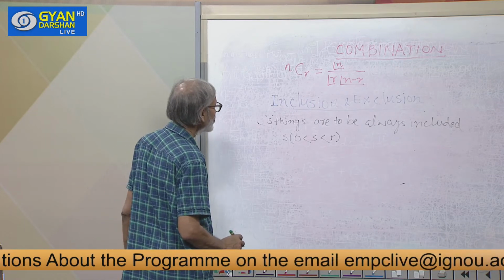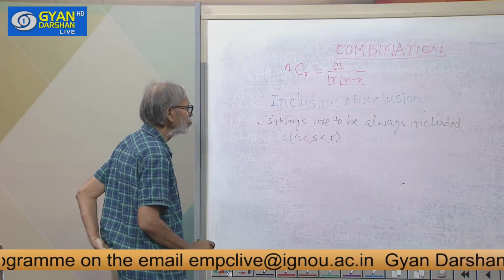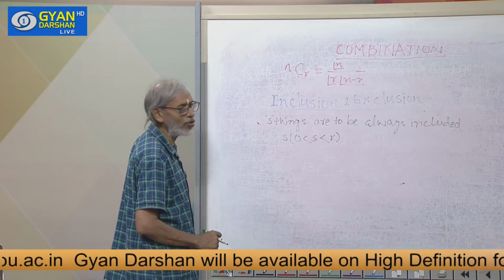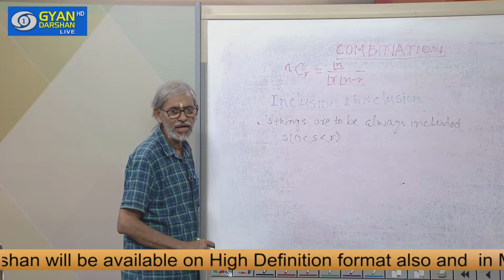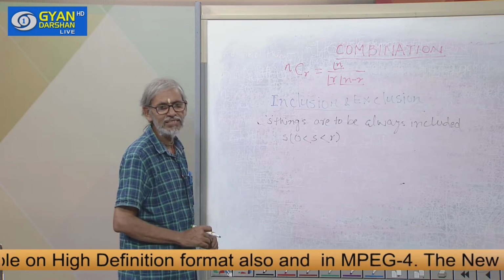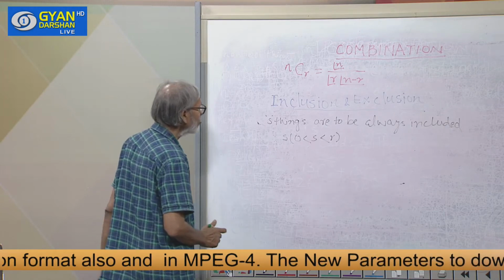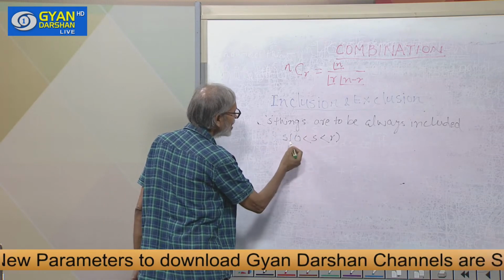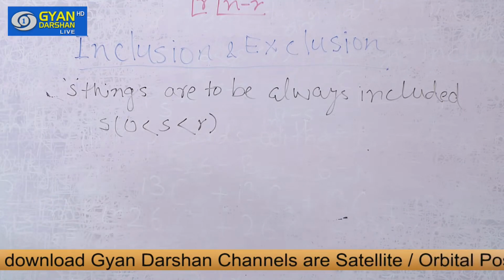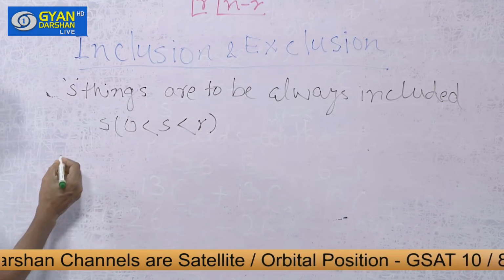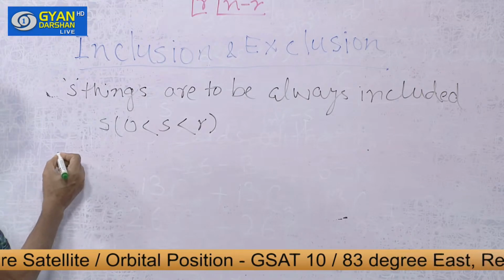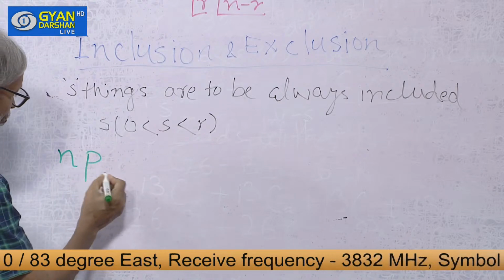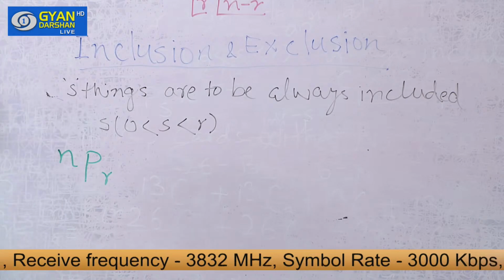In this case, let us first consider the permutation. Permutation is important when order is important, when we are concerned with the order of the things. So, if s things are to be always included, how many ways can we select out of n things, r things to be taken?